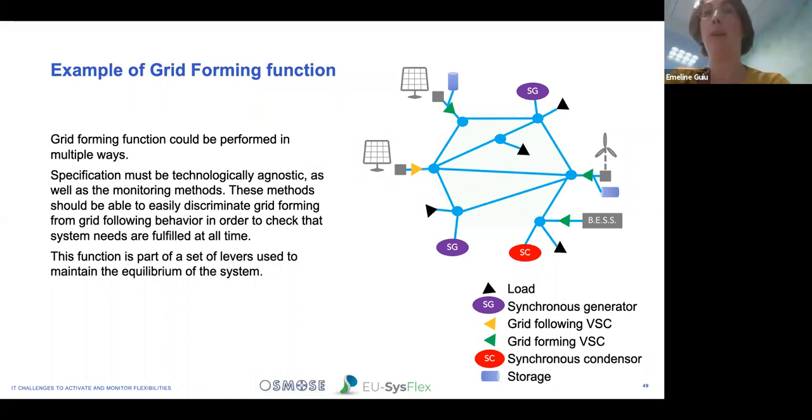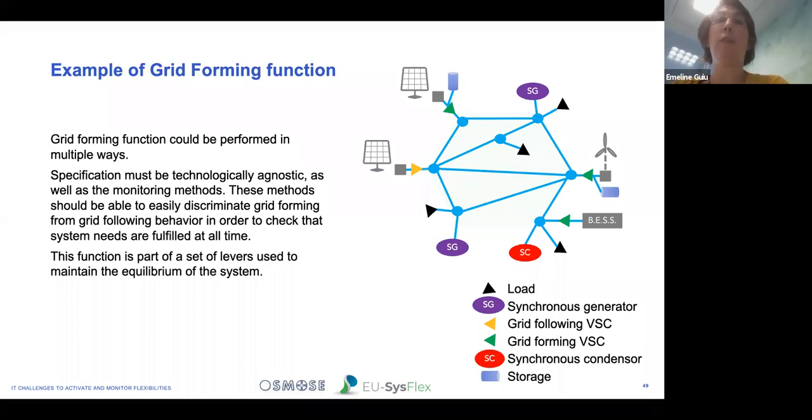So the frequency will vary more because of the decrease of inertia, and so the minimum transient frequency will go lower, and to maintain the system stability, that is to avoid frequency load shedding, some services will need to be adapted.